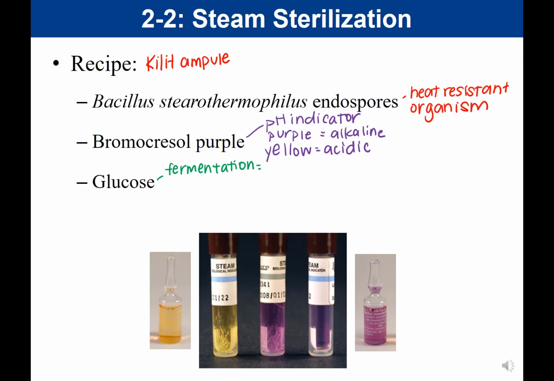And so if the organism survives, it will ferment glucose and produce, what are the pH of the products like if the sugar is used as a food source?